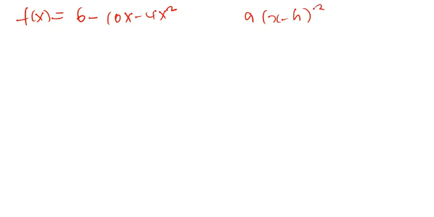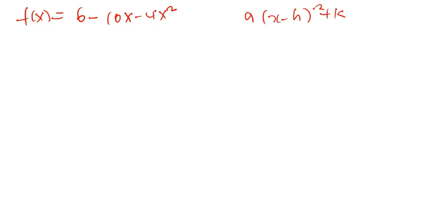So there we go. Let's say we have f of x equal to 6 minus 10x minus 4x squared. Then they ask you to write this in the form of a, open brackets, x minus h, raised to the power 2, plus k, where a, h, and k are constants.